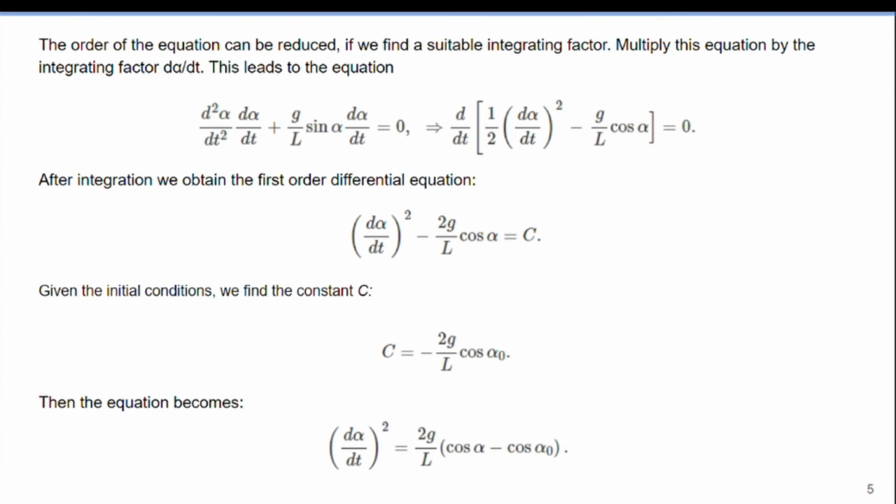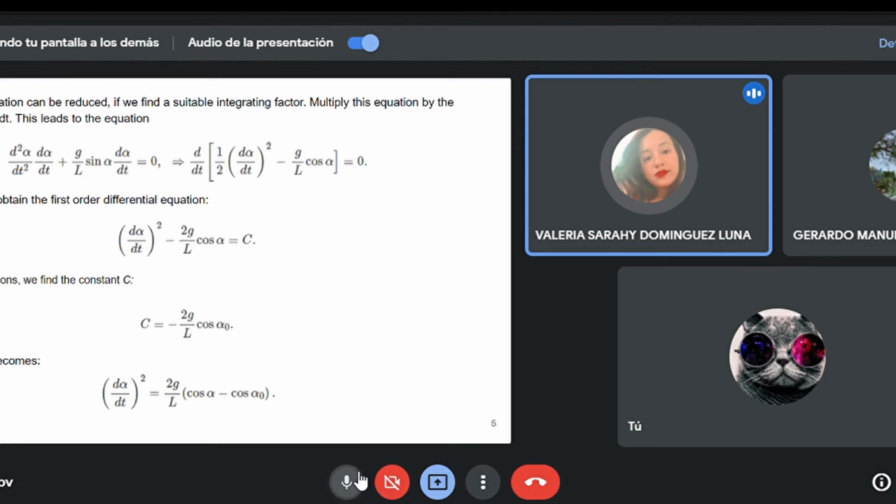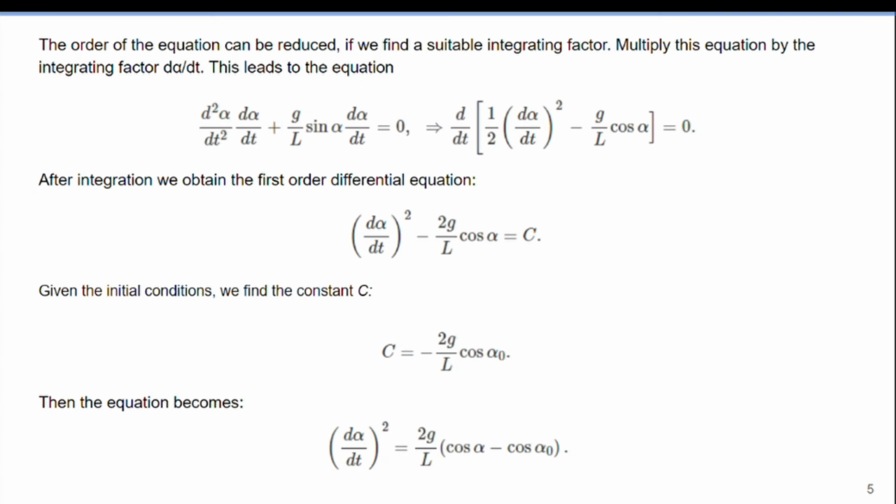Given the initial condition, we find the constant. Observe the formula, with g divided by L, and constant alpha. Then the equation becomes the pendulum formula.